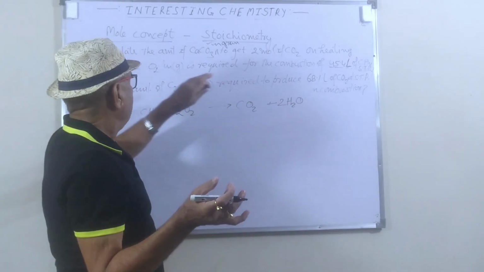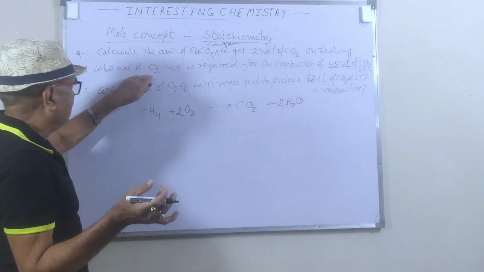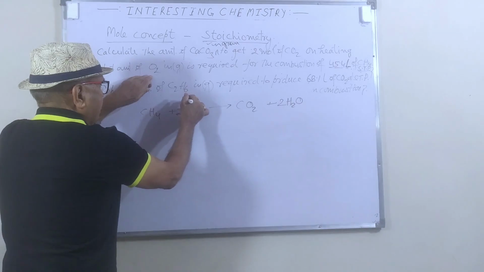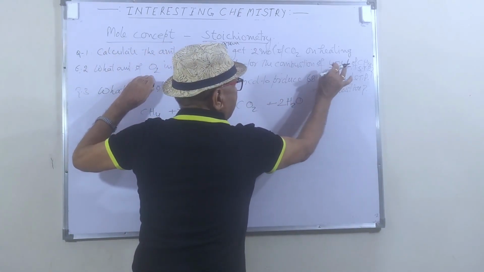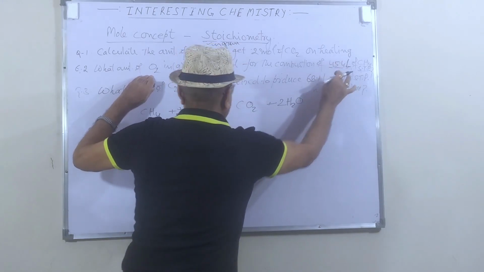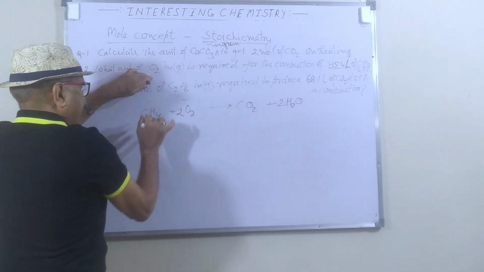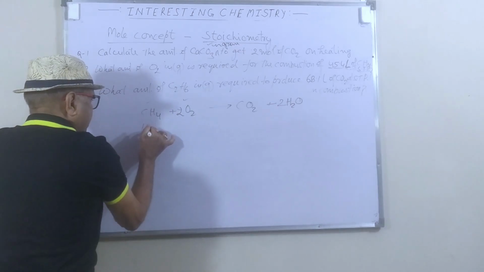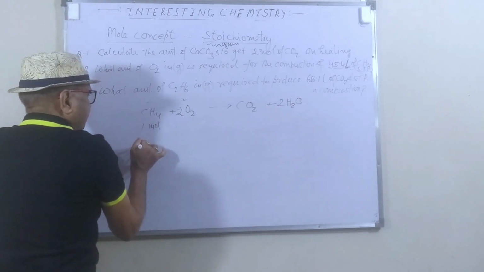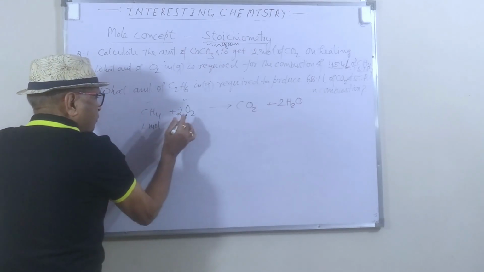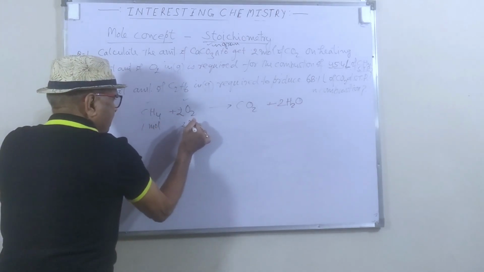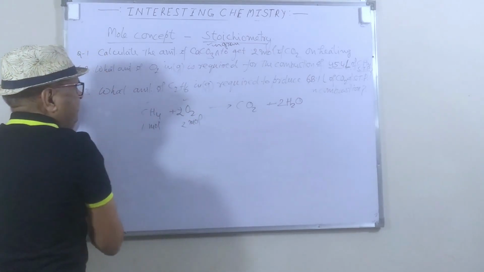Now calculate the amount of oxygen for the combustion of 45 liter of methane. So 1 mole of CH4 requires for combustion 2 mole of oxygen.